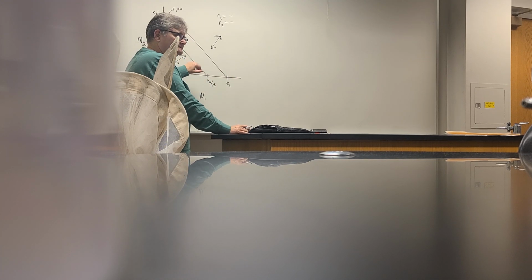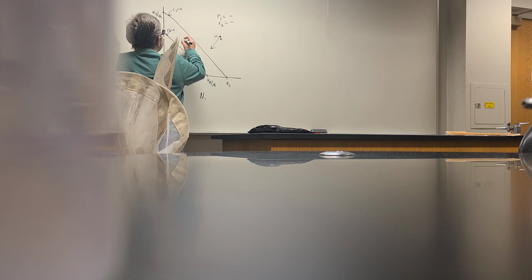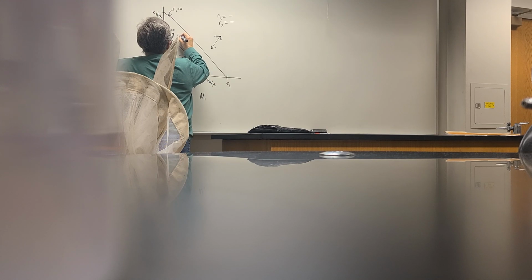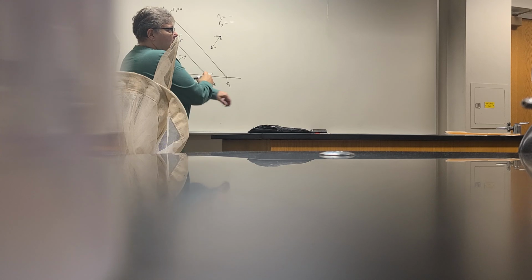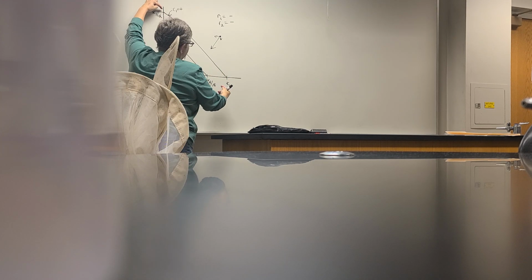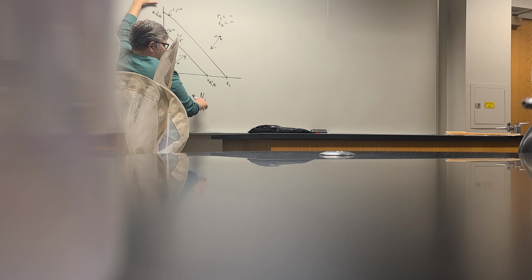Because the interesting spot, of course, is going to be right here in the middle. And so right here in the middle, we need to know what R1 equals and R2 equals. And this is where, just to avoid confusion, you need to pay close attention. And so here is our R1 zero growth line. We are below it, which means that the species 1 has room to grow. So it's increasing.